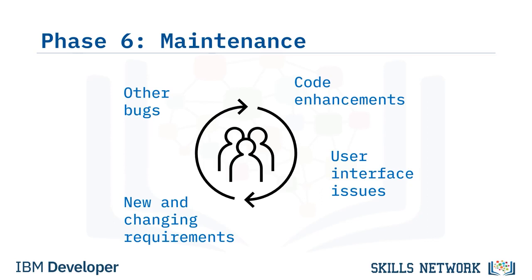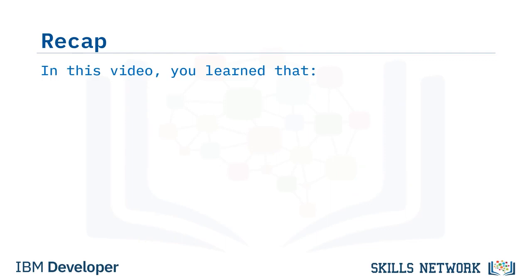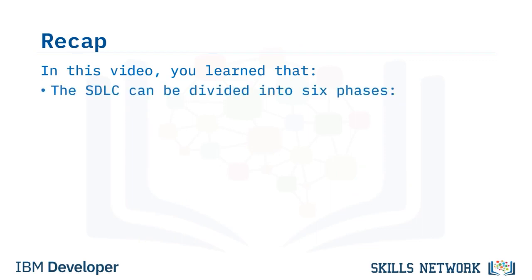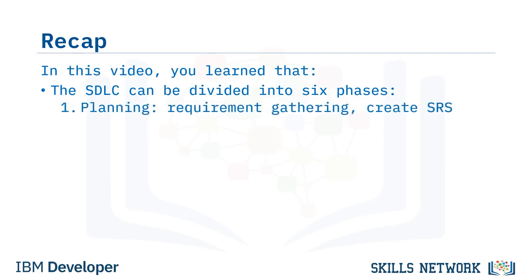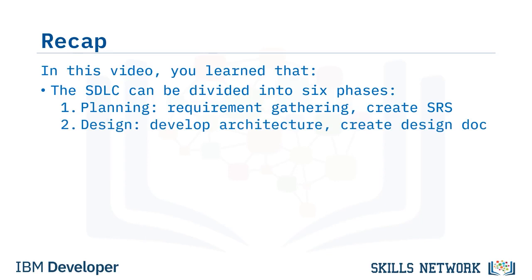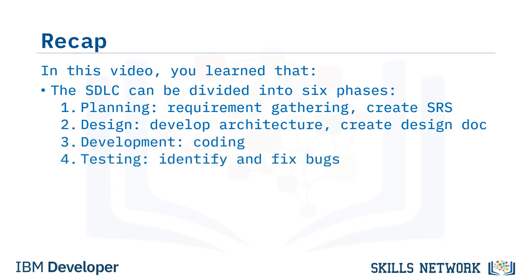In this video, you learned that the SDLC can be divided into 6 phases. Planning involves requirement gathering and development of the SRS. The architecture is developed during the design phase, and the design document is created. The development phase is when coding takes place, and then during the testing phase, issues with the code are found and fixed if possible.